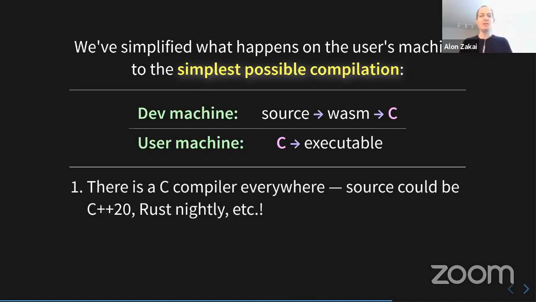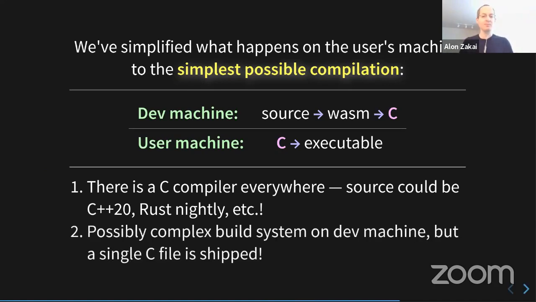And I say that's the simplest possible compilation because there's a C compiler everywhere. We don't need a new compiler if the source code was in C++20 or Rust Nightly or something else. Just a plain old C compiler is fine. So it's a very low bar that's pretty easy to have.